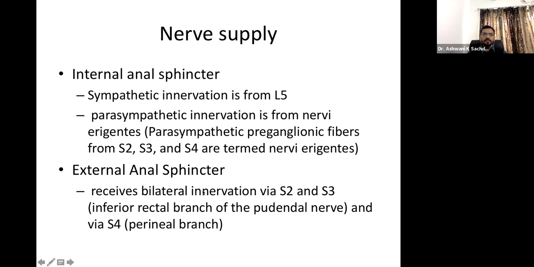The external anal sphincter receives bilateral innervation via S2 and S3, through the inferior rectal branch of the pudendal nerve, and via the perineal branch from S4.